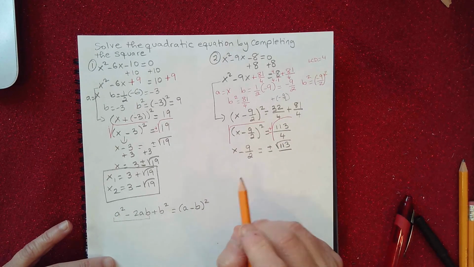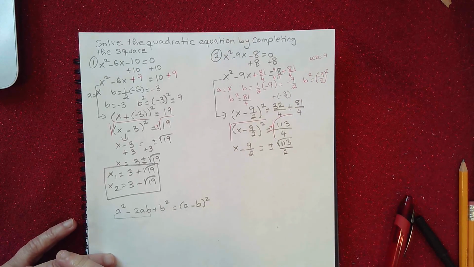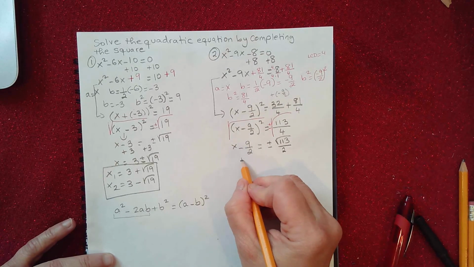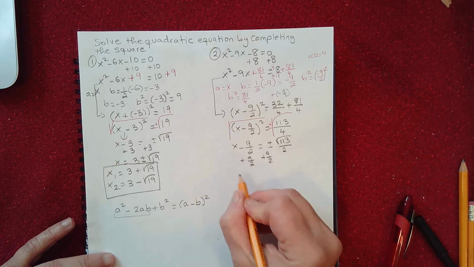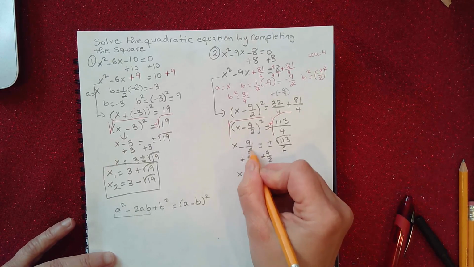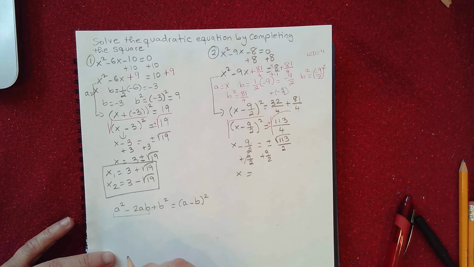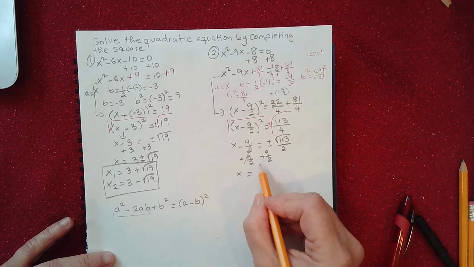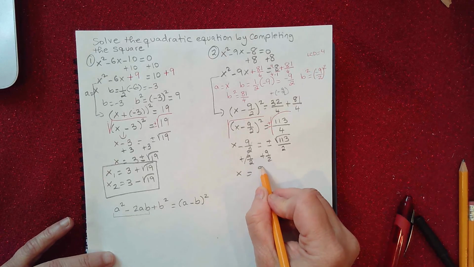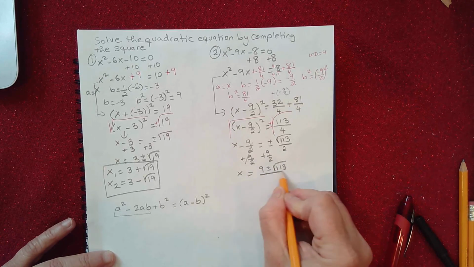The square root of 4 is 2. So I can simplify the denominator. And now we just need to solve for x. We add 9/2 on both sides of the equation, and we get x equal to 9 over 2 plus or minus the square root of 113 divided by 2. Remember, I have the same denominator, so I can combine them: 9 plus or minus the square root of 113 over 2.